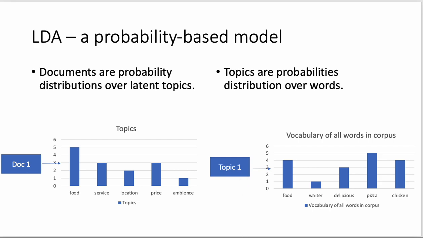Here is where we try to understand what this topic is actually representative of. If we get this probability distribution across all the vocabulary of words in the corpus, we could ask for maybe the top 10 highest-probability words for topic 1, and then try to realize what the actual underlying topic was. In this case, we could make an educated guess that topic 1 has to do with food, and we would say that topic 1 is about food.